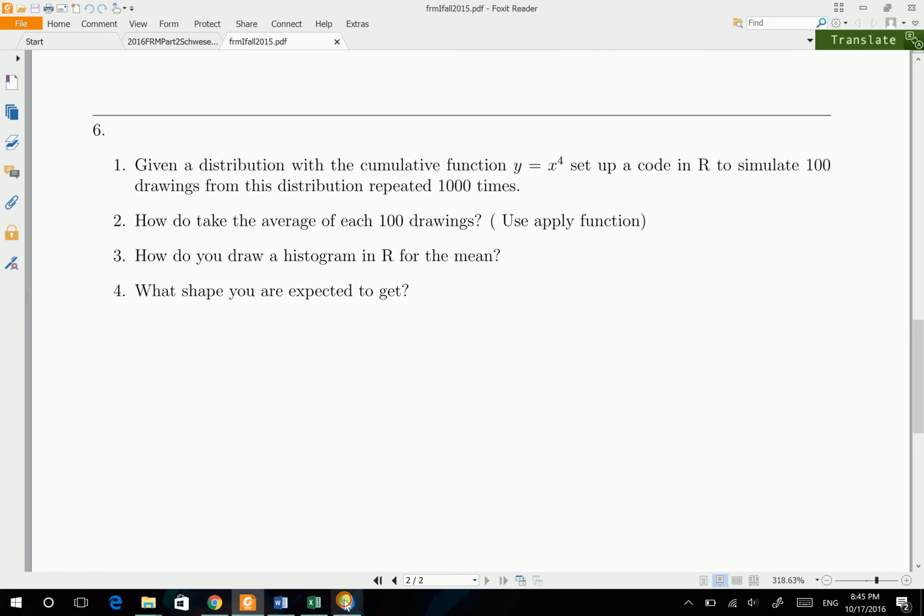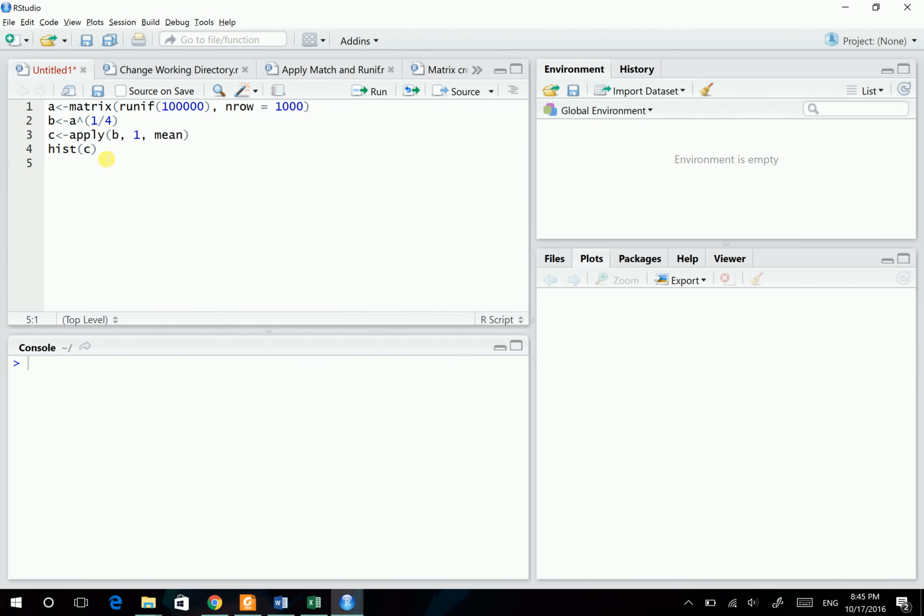The only hard part here is the apply command. When you use apply, you always have to remember 3 components. The first is what to apply to. The second is whether you want to apply over rows or over columns. The last is what function you want to apply.